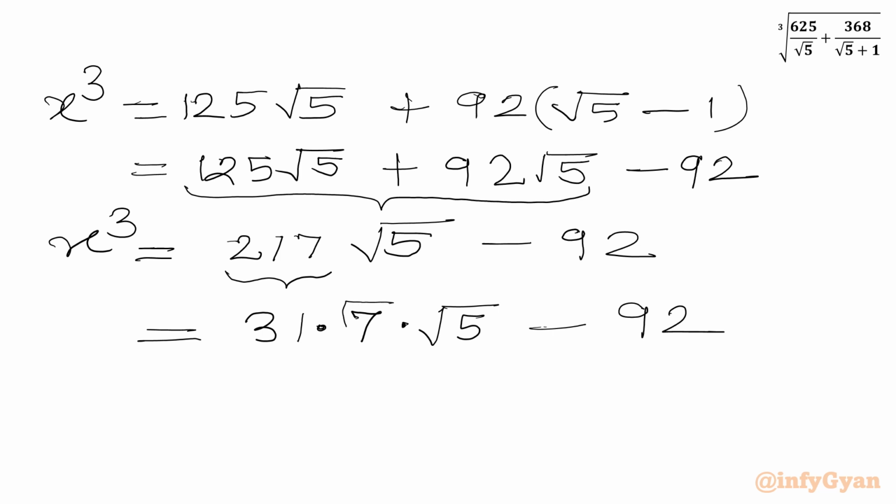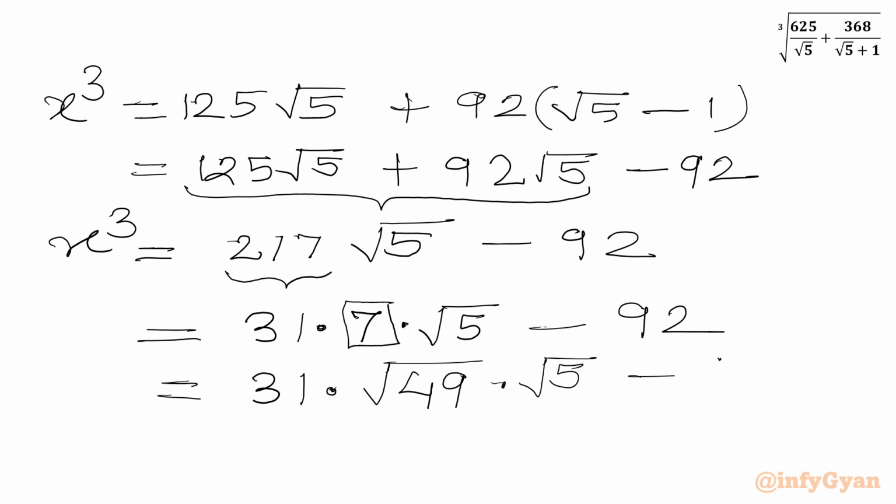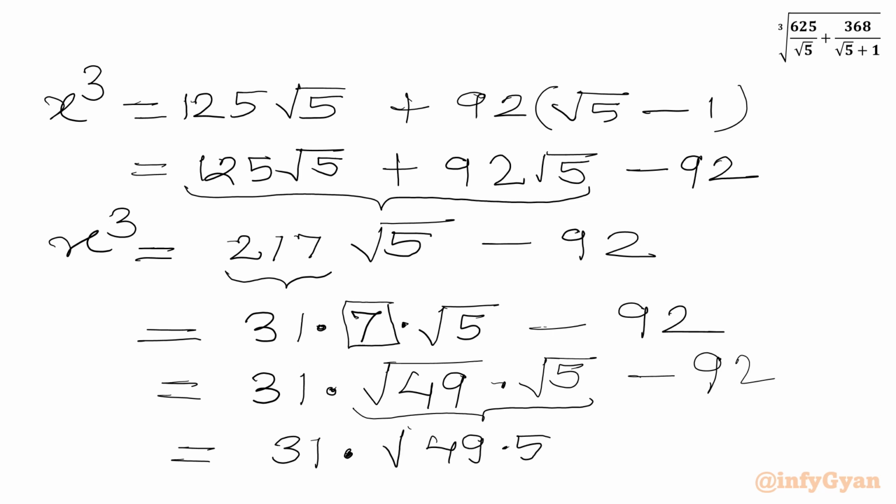So now this 7 I can write as square root 49. So I will be writing 31 times square root 49 times square root 5 minus 92. Now we can club these two radicals. So we can write 31 times square root of 49 times 5 minus 92.